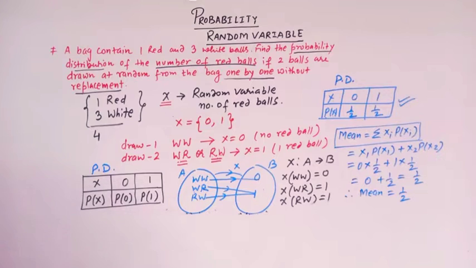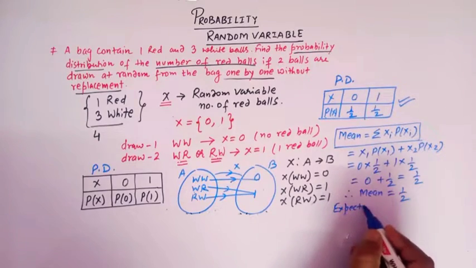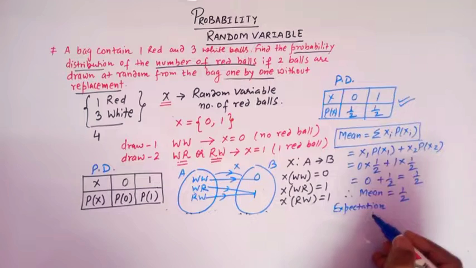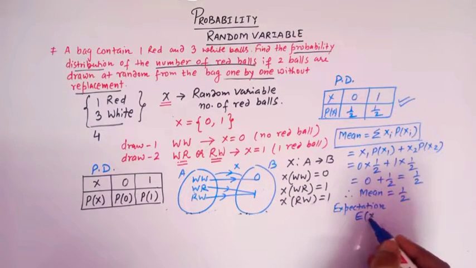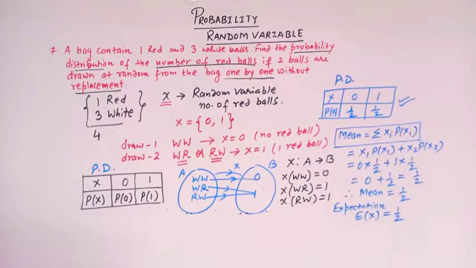The mean is also known as the expectation value of x. So the expectation of this probability distribution or the random variable is denoted by E(x), and this is given by half, right? Now let us find out the variance of this random variable.